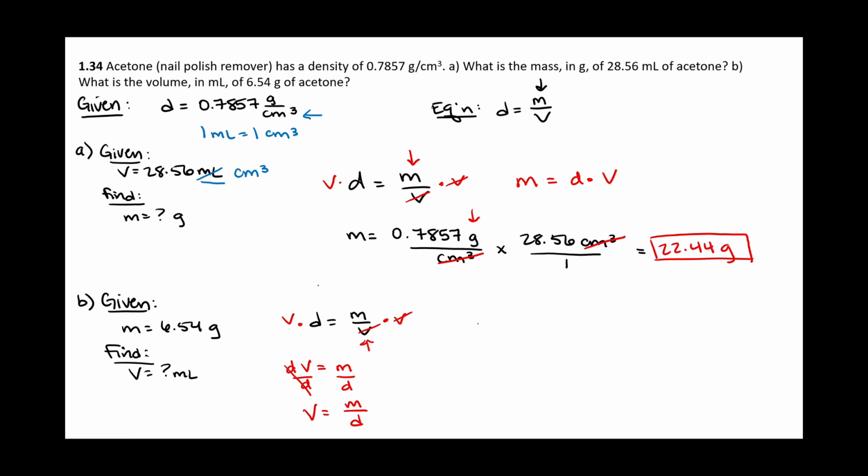Switch colors. My volume is going to be 6.54 grams times, I'm going to separate it into mass times 1 over density, just so that we can see how things cancel. So I'm going to have 1 over my 0.7857 grams per centimeter cubed. I have a fraction with a fraction of units.